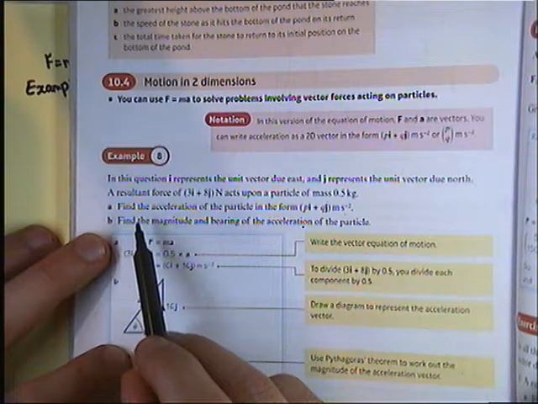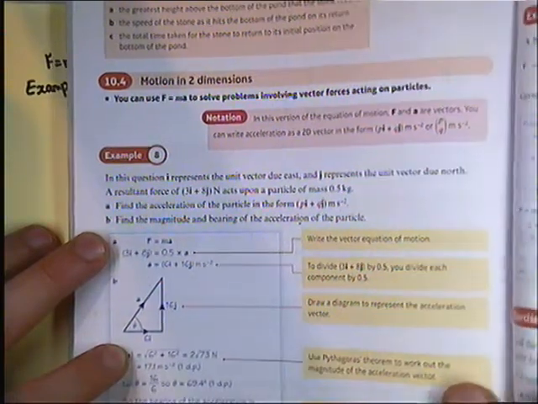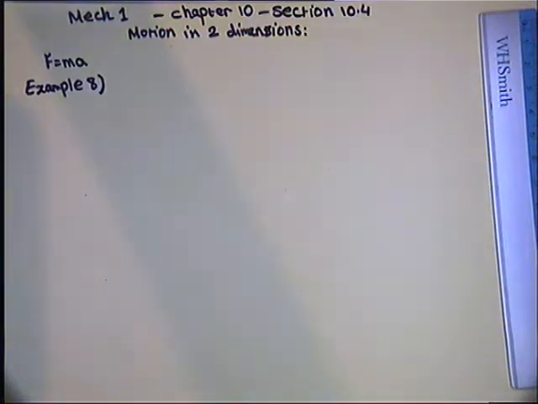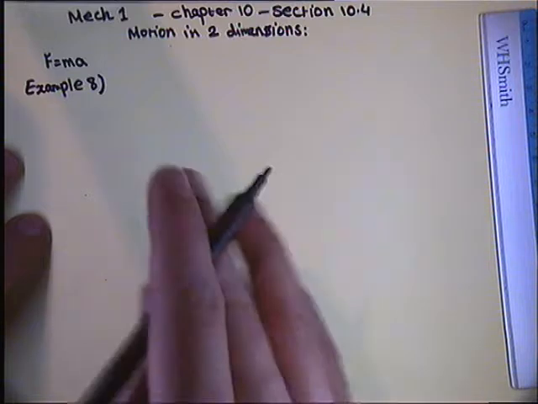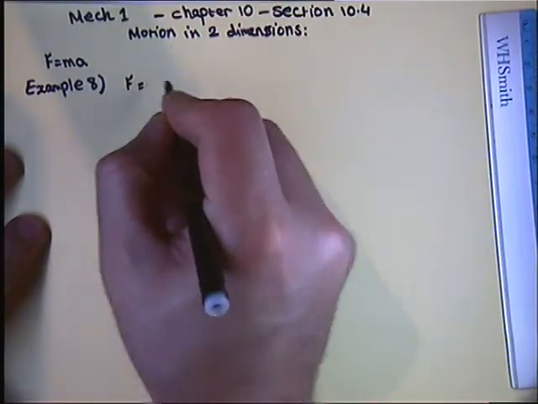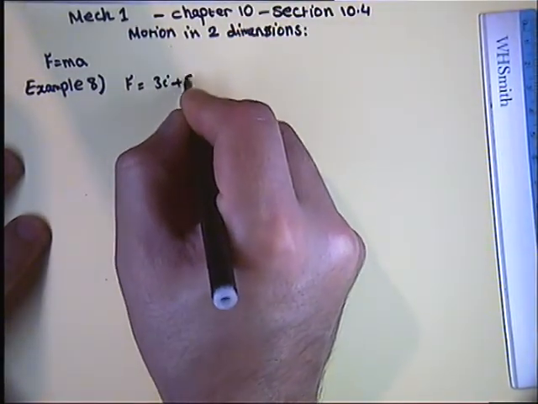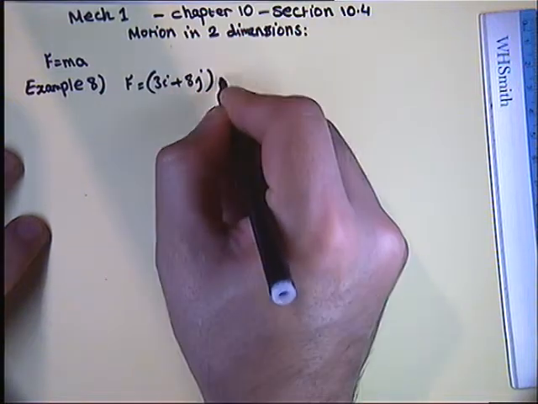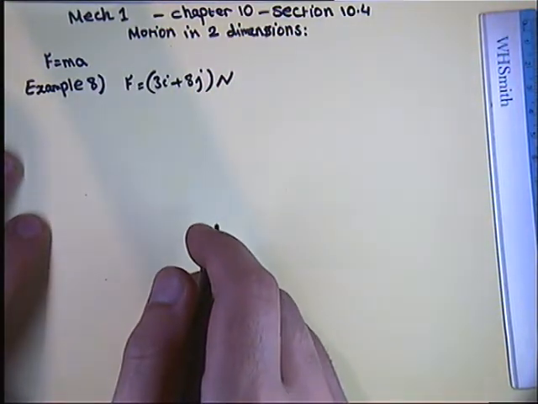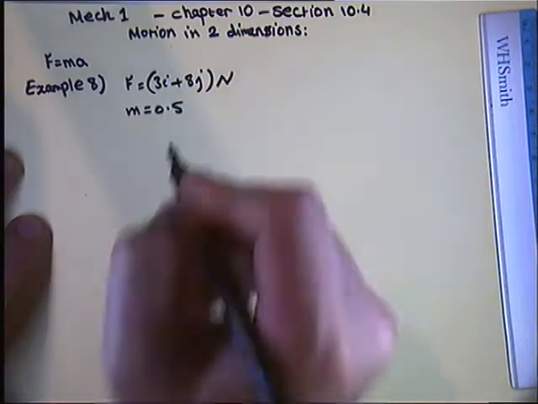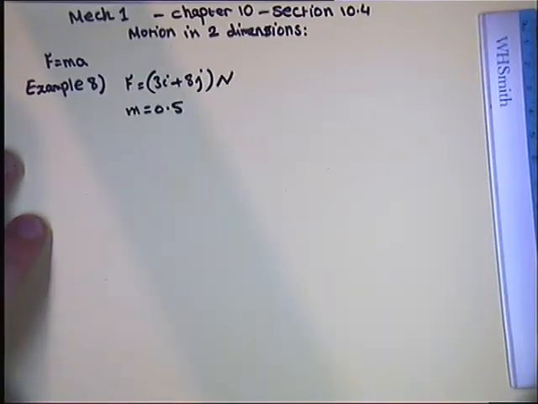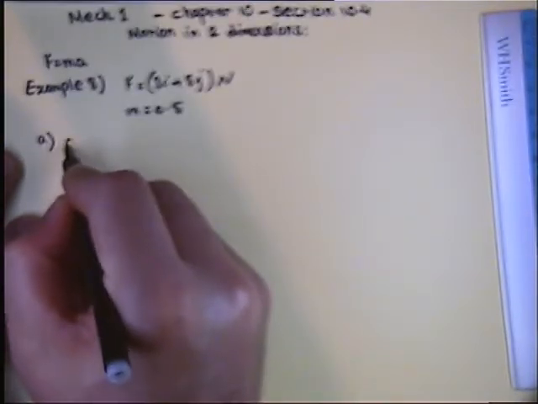Part a: find the acceleration of the particle in the form pi plus qj meters per second squared. So F equals 3i plus 8j newtons, and the mass m is 0.5.